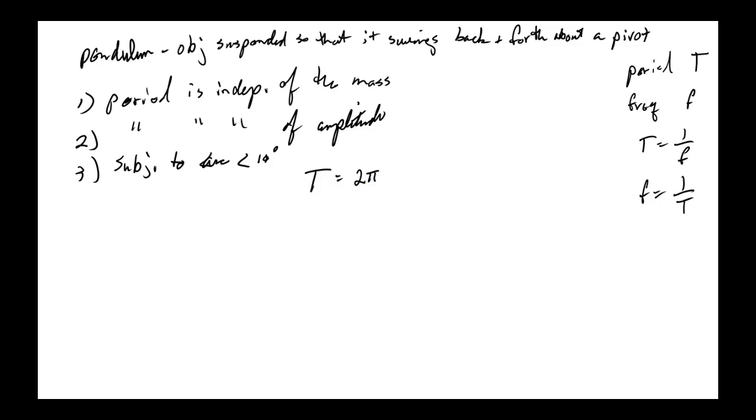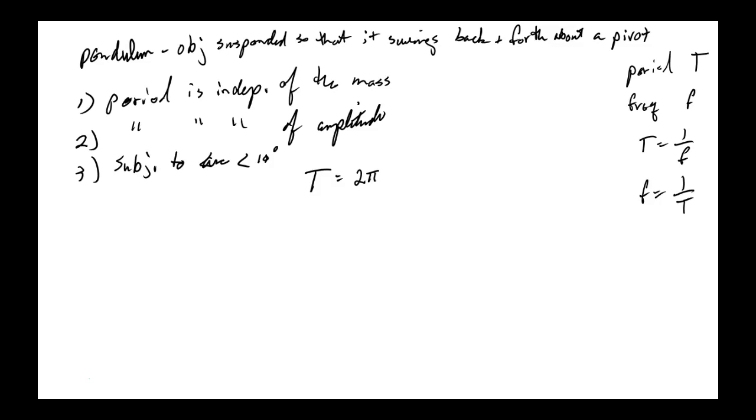2 pi. Pi is an irrational number, 3.14159, and so on. It goes on forever and ever, never repeating digits, never repeating patterns of digits. Irrational number, okay? 2 pi is the factor by which you multiply the radius of a circle to give the circumference of the circle.